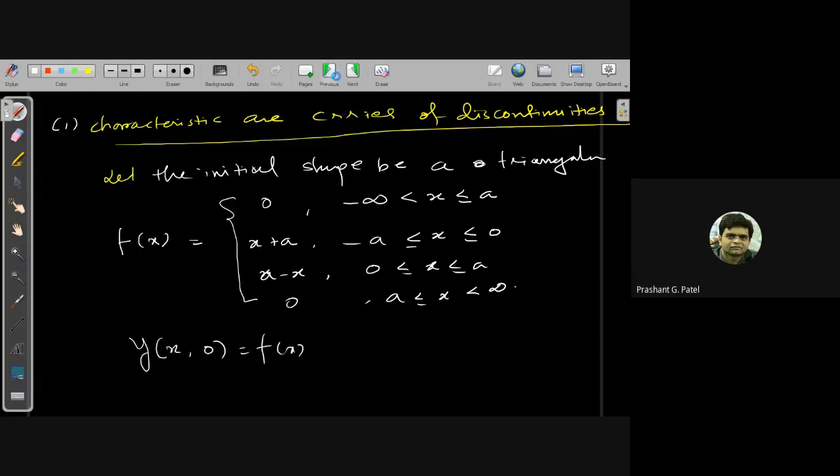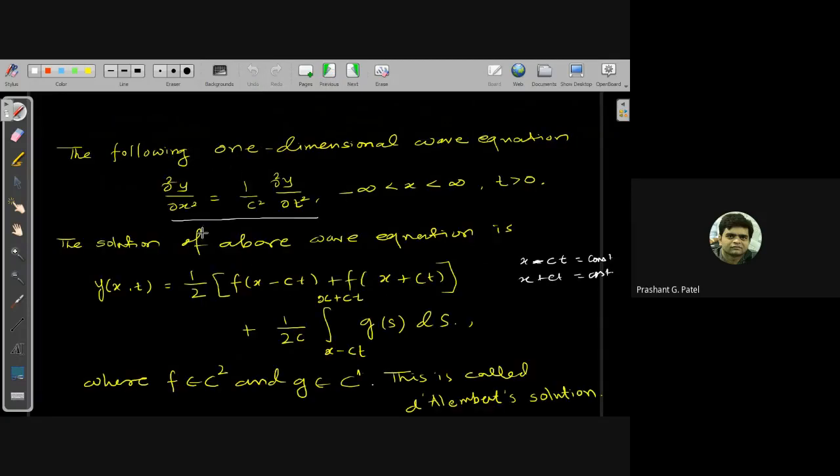Previously we have seen that the solution of this is given under the two conditions, that is y of x, 0 is equal to f of x and y_t at x, 0 is g of x. That means initially the displacement is the function f of x and the velocity is g of x.